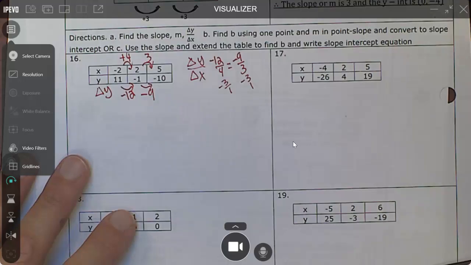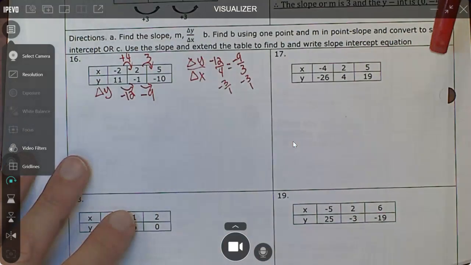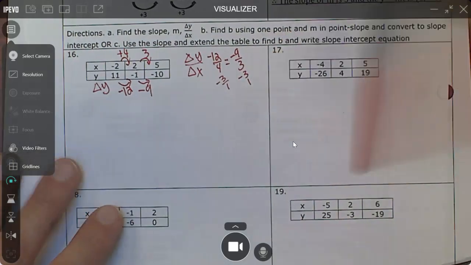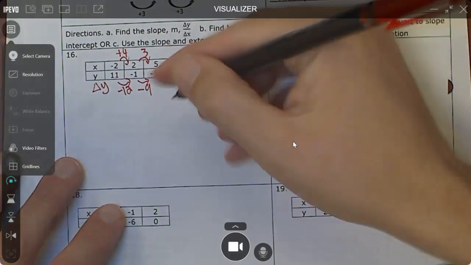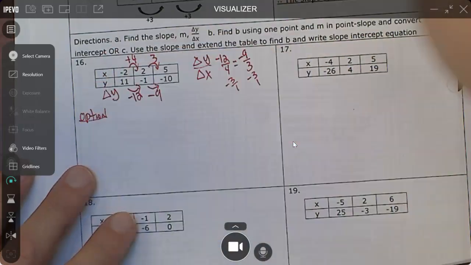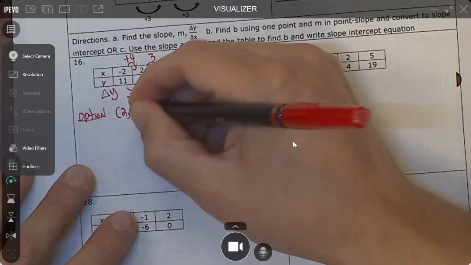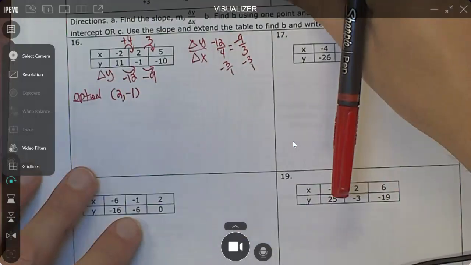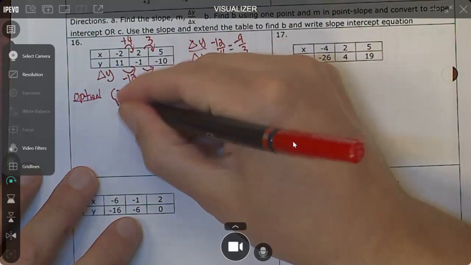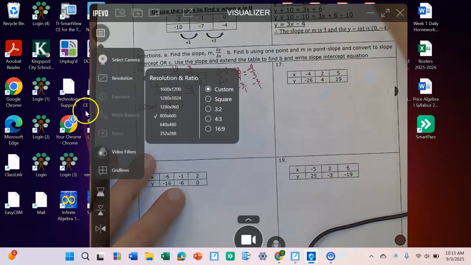Okay, option 2 is, now that you know the change in Y over X, you could keep the table going, but here's option 1. Take an ordered pair, let's say 2, negative 1, and use point slope. I think the resolution's making the lag worse.